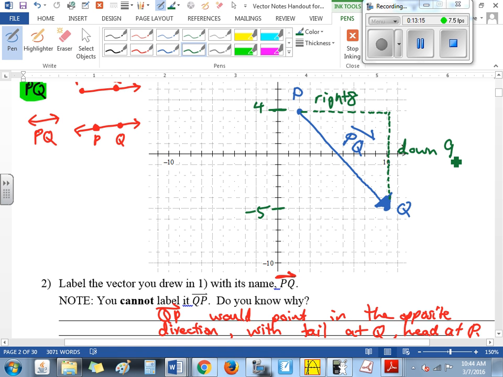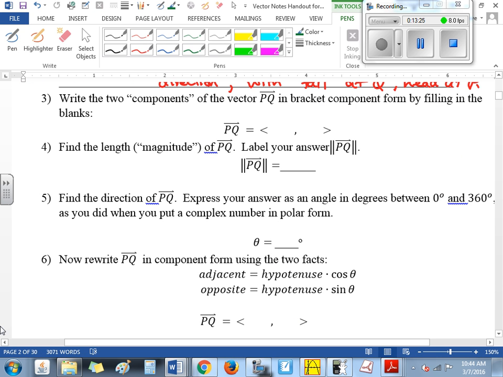If we use the traditional convention that down is a negative, we could call this vector the 8, negative 9 vector. The 8, negative 9 vector. So that's what we'll put in the brackets here. 8 and a negative 9. Notice the brackets are diagonally bracketed. This is a brand new symbol also. It just is pronounced vector PQ.